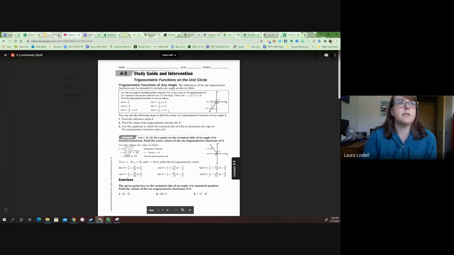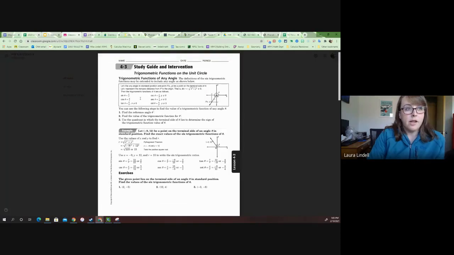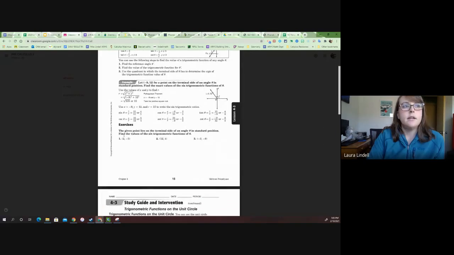So here we go. Today's assignment, the first bit of this page is all an example and stuff like that. So if you would like to see another example of the kind of problem that we just did, here's another great example. And then it's got 3 problems for you to do on this first page that look just like that kind of problem that we've been working on today.